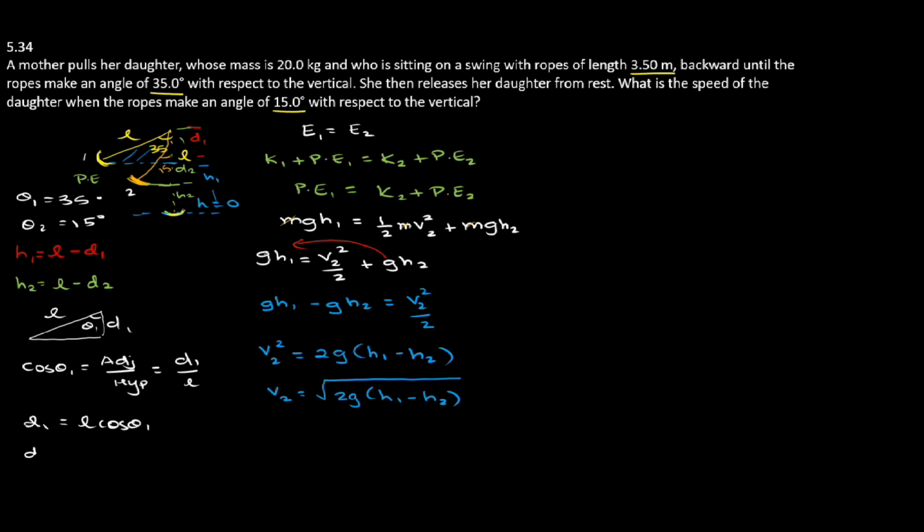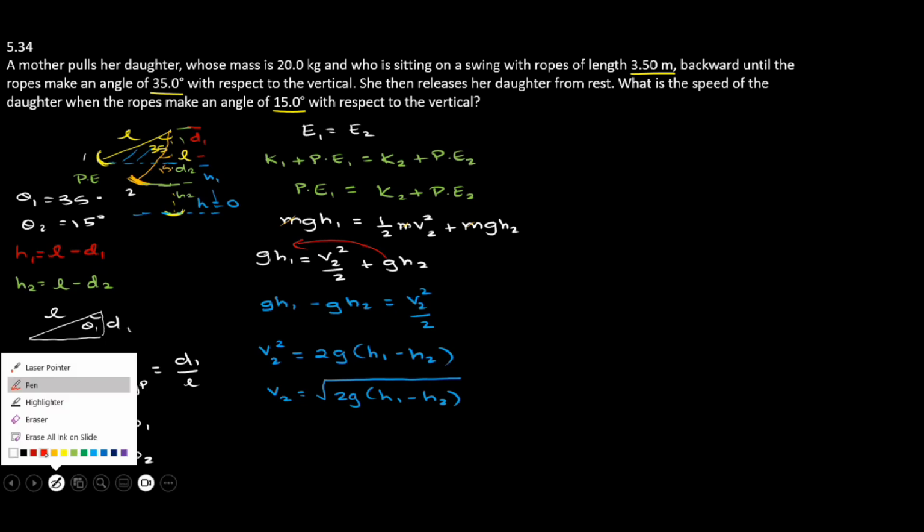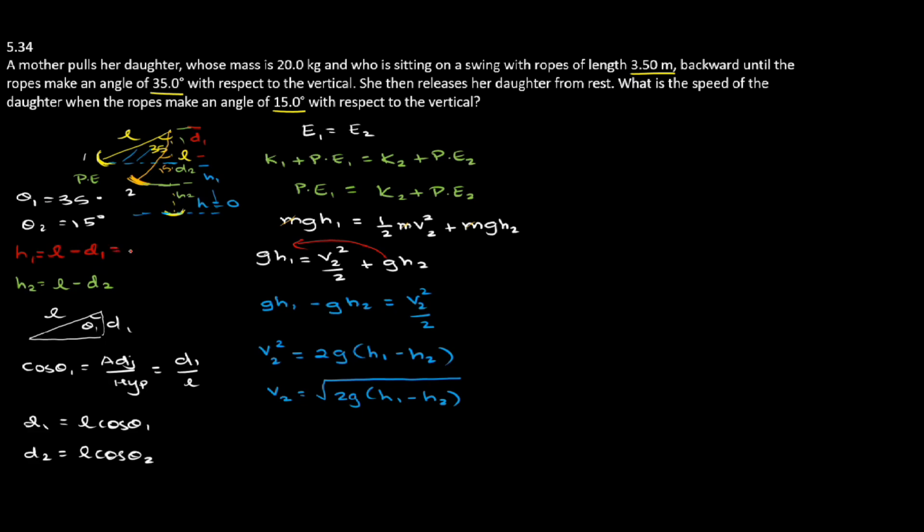Similarly, we can get d2 as L cosine theta 2. So when we substitute these values, we get h1 as L minus L cosine theta 1 and h2 will be L minus L cosine theta 2.